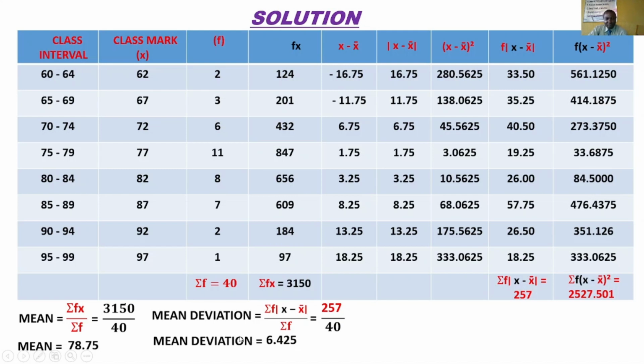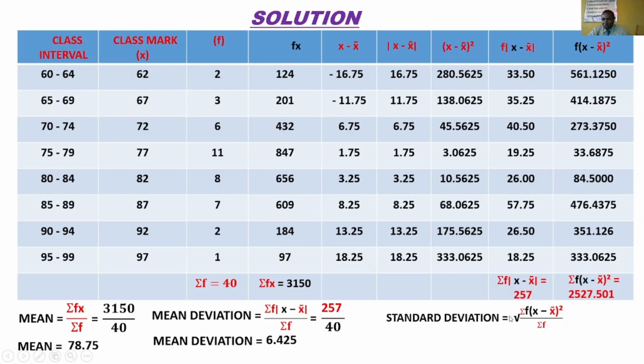Now that we have determined the mean deviation, let's quickly look at how we'll be able to determine the standard deviation. Our standard deviation is the square root of the summation of f times the bracket of x minus x bar squared, all over the summation of f. What we need to understand is that this square root covers everything in this formula. So everything you can see in this formula is inside the square root.